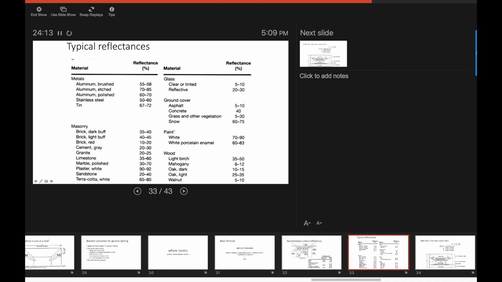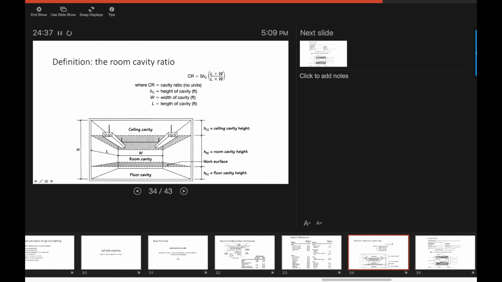Some materials you think, like wood, how bright could wood be? Well, wood could actually be pretty reflective. Light birch can be up to 50% reflective, depending on how it's treated. Whereas obviously mahogany, you'd expect that to be dark. But some things like stone can actually be brighter than or more reflective than concrete. Again, it depends on how it's treated. So it gets kind of ugly.